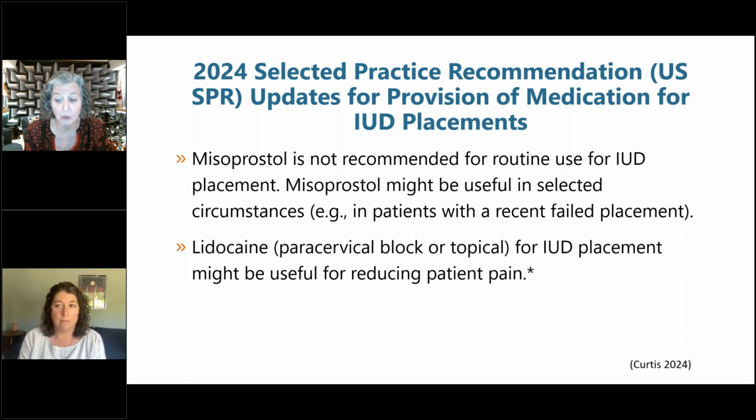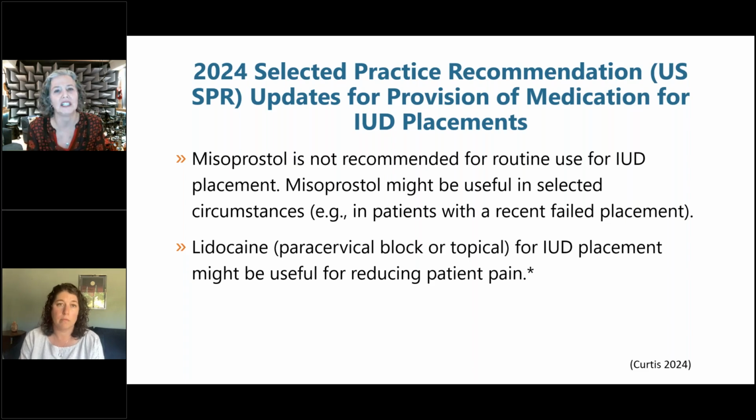And there really was one good trial showing that in a failed placement situation, when somebody came back to have a second attempt after having used misoprostol, there was a very slightly elevated chance that it was going to be a successful placement, but it was statistically significant. So it's not like it's a panacea at all, but it may be somewhat helpful.